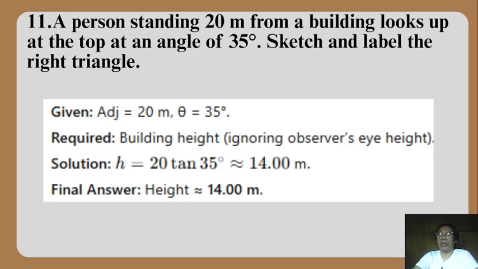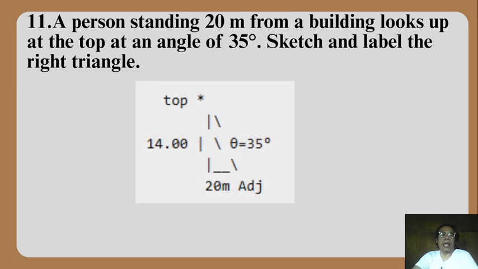So our solution, h is equal to 20 tangent 35 degrees, which is approximately 14 meters. So the final answer, the height is 14 meters. And that is the illustration of practice problem number 11.